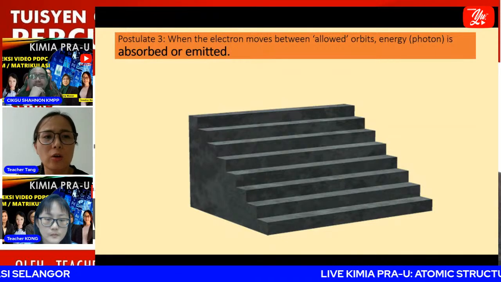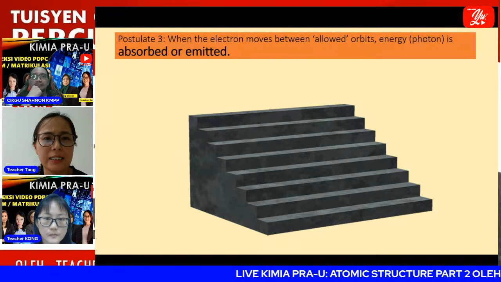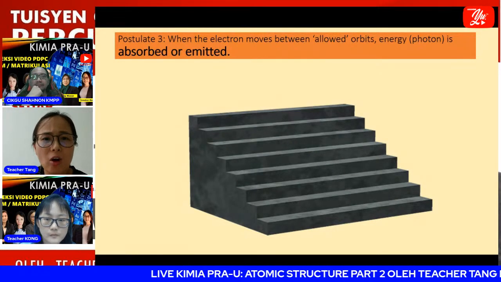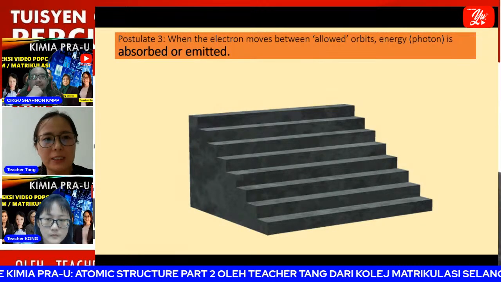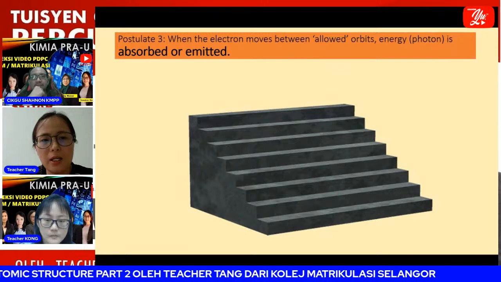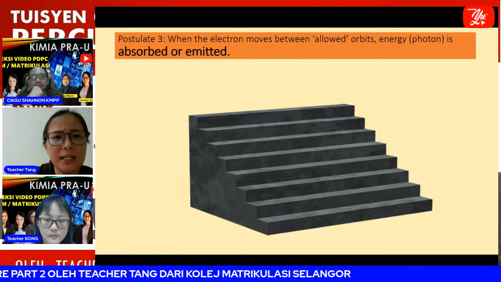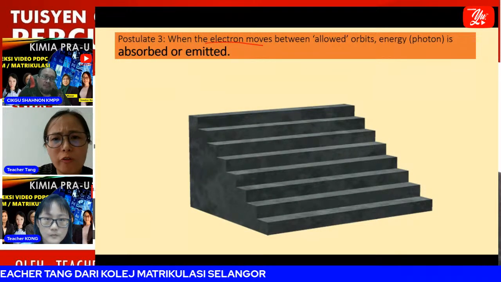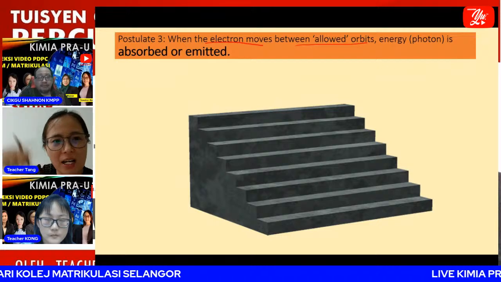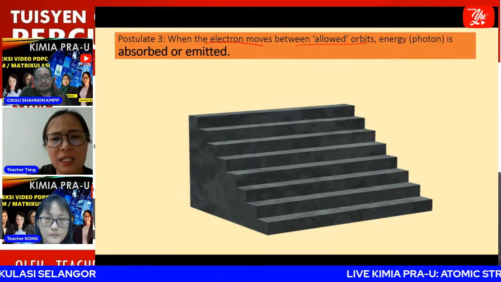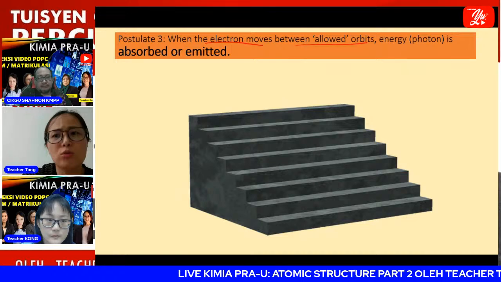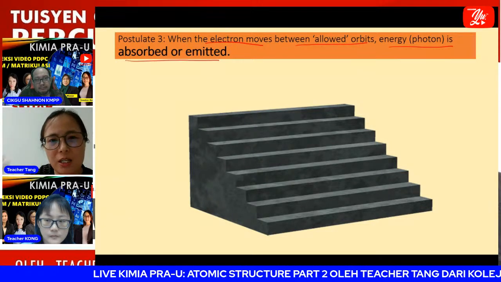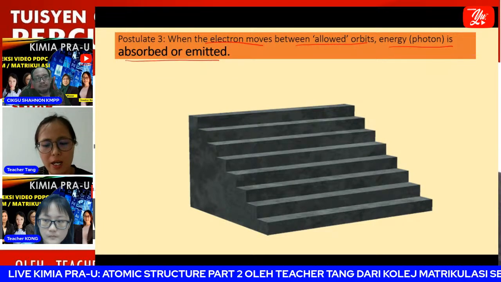The third postulate is that the electron moves between allowed orbits, and the energy of a photon is absorbed or emitted. This means that when an electron wants to move between orbits, between energy levels, it needs to absorb or emit energy in the form of a photon.